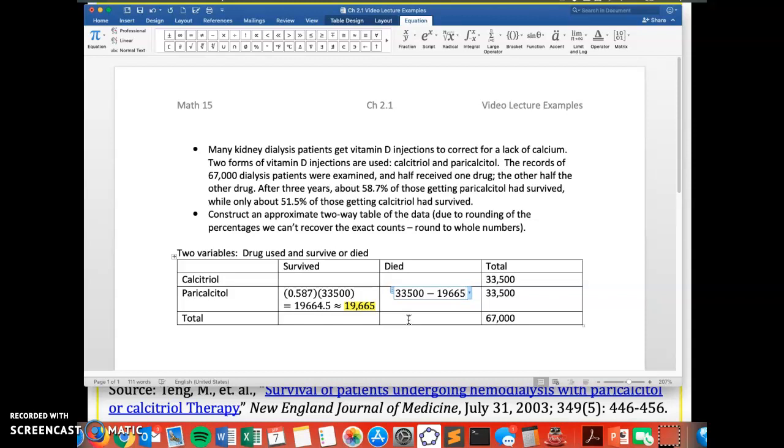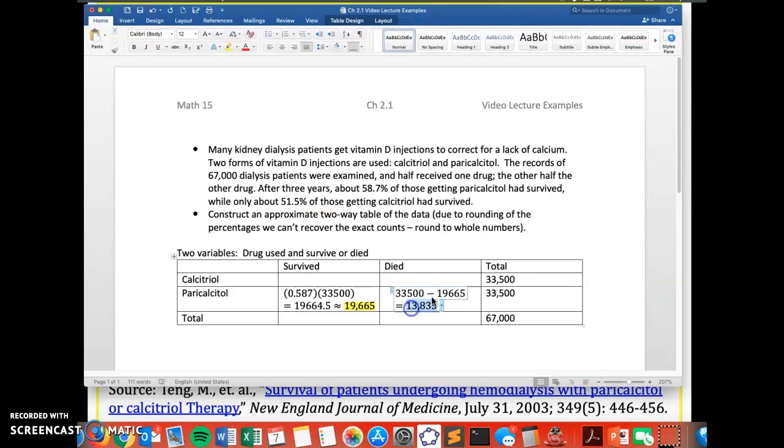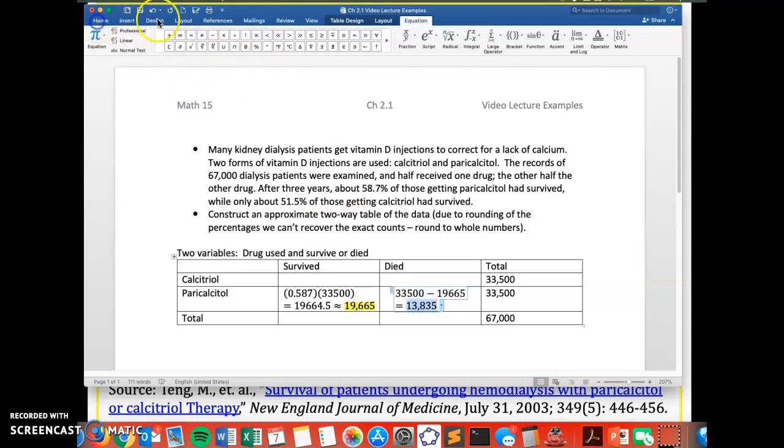Put that in your calculator, and we get about 13,835. Again, filling out the table, all you need is this information right here.